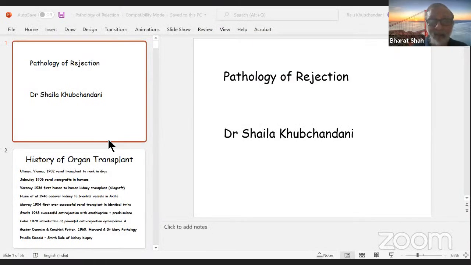She also is a visiting pathologist at Narayana Hospital, and she has her own laboratory. She is my colleague from medical school days, and for every problem that we may have, we resort to Shaila for guiding us for second opinion and in management of acute and chronic rejections. So over to you, Shaila.